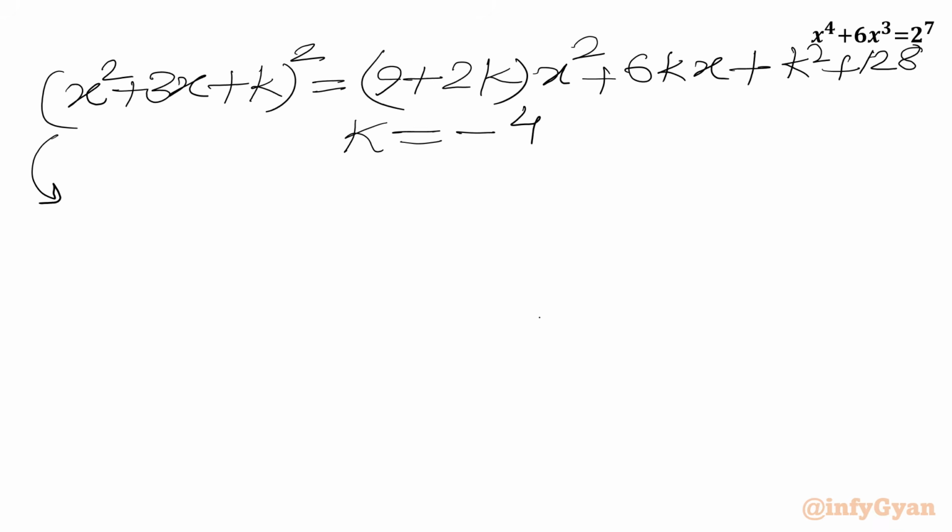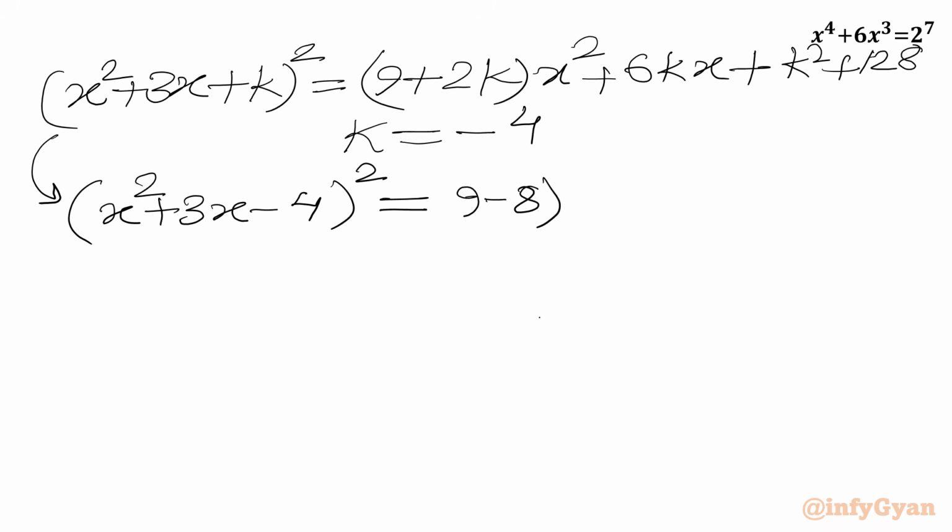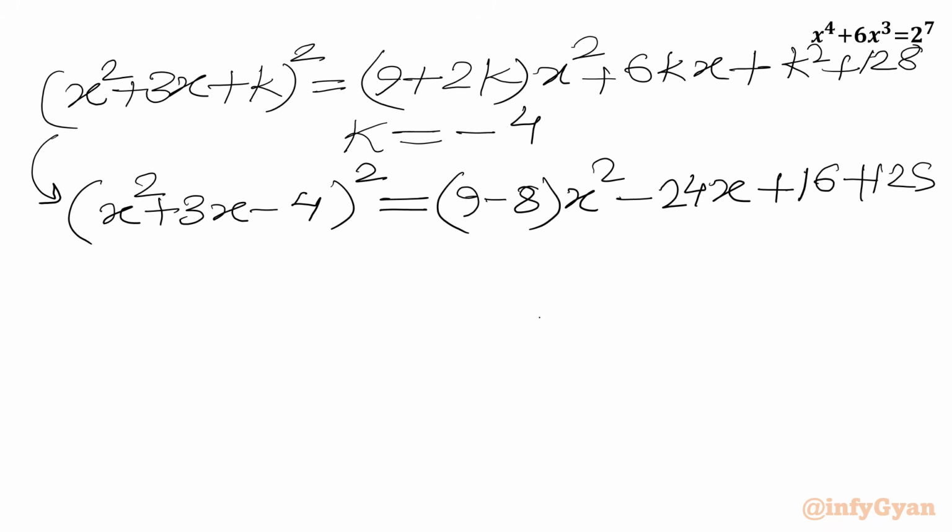We will get the equation x square plus 3x minus 4 whole square in the left hand side, and in the right hand side we will get 9 plus 2 times minus 4, which is 9 minus 8, times x square, 6 times k times x, so 6 times minus 4, minus 24x, plus minus 4 square is 16, plus 128.